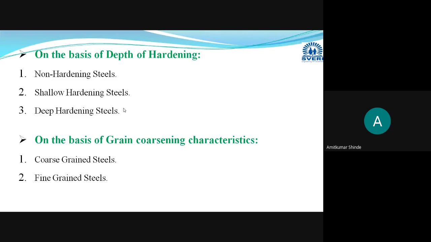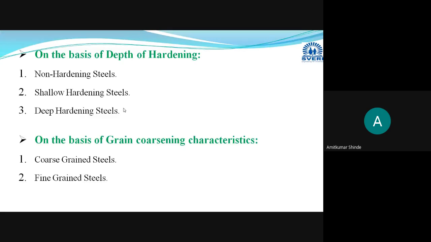Now, here I have highlighted some other basis of the classification of the steels. This classification is done on the basis of the depth of hardening.